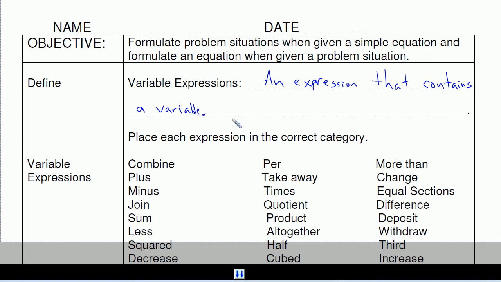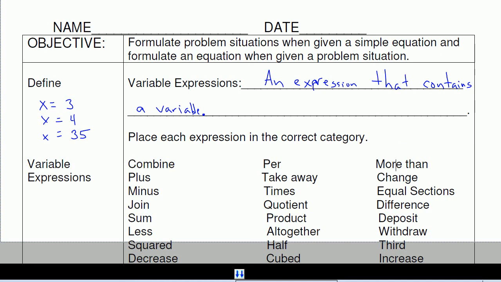And remember what a variable is. A variable is a letter that stands for a number. For example, x could be equal to 3, or x could equal 4, or x could equal 35. Okay? X could equal any number, that's why it's called a variable, because it varies in value.